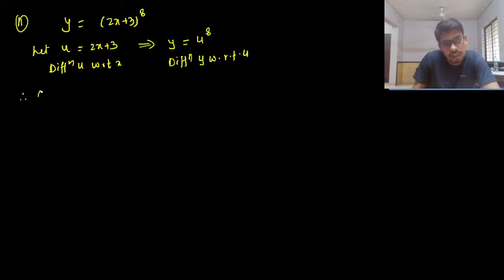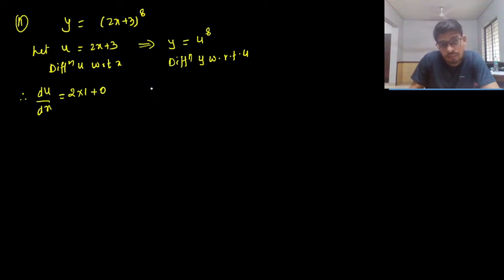Therefore here du upon dx will be basically 2, which is the coefficient; derivative cannot be applied on a coefficient. Derivative of x is here 1, and derivative of the constant 3 will be 0.